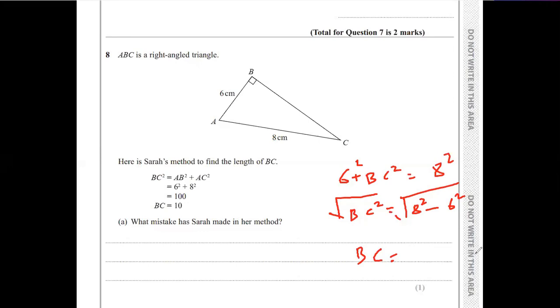If you work this out, 8 squared minus 6 squared will actually give you 2 root 7, or this will be 5.29 to two decimal places.